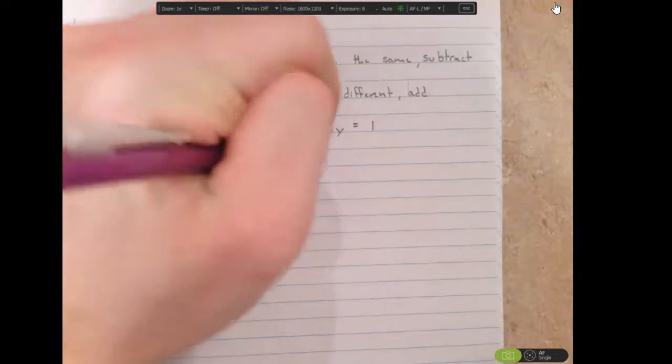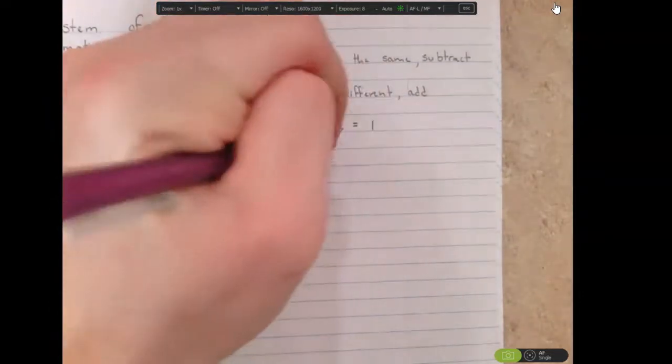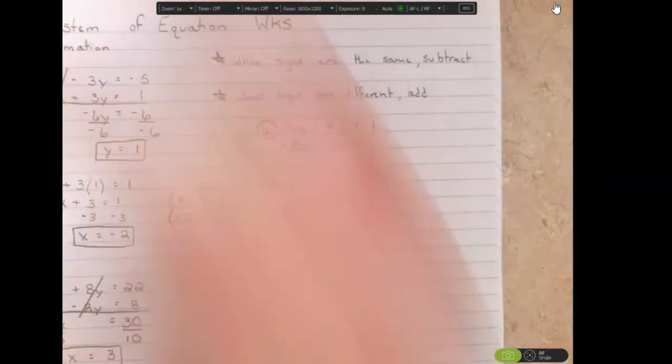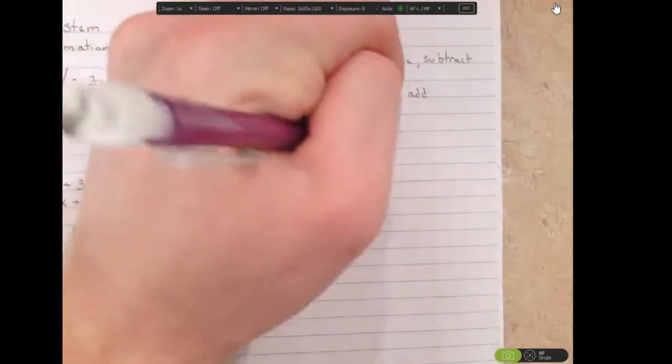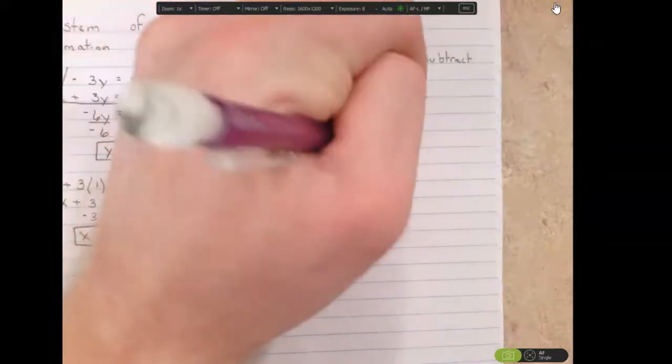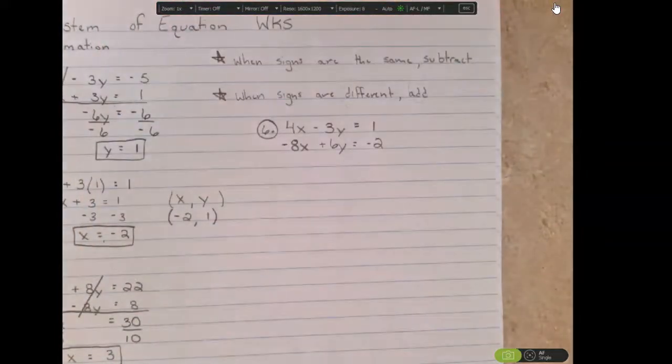Negative 8x plus 6y equals negative 2. So those are my two equations that we're given.